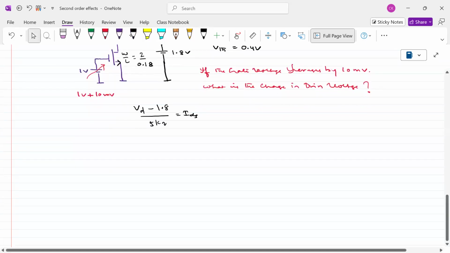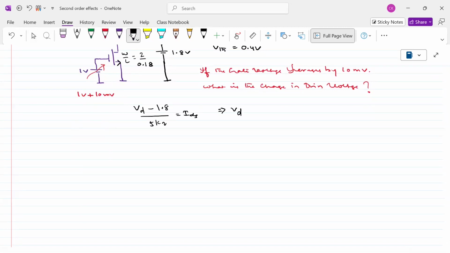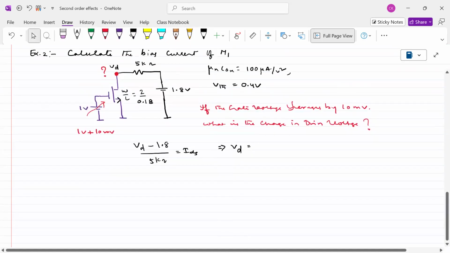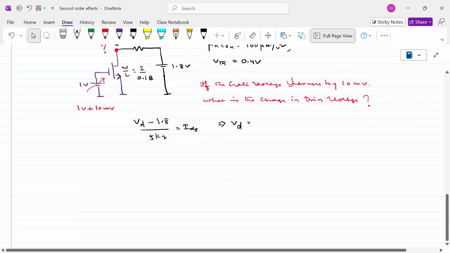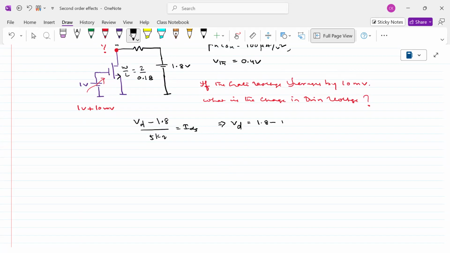So accordingly, what is the VD here? VD is 1.8 minus IDS into 5 kilo. Am I right? That's the VDS value.